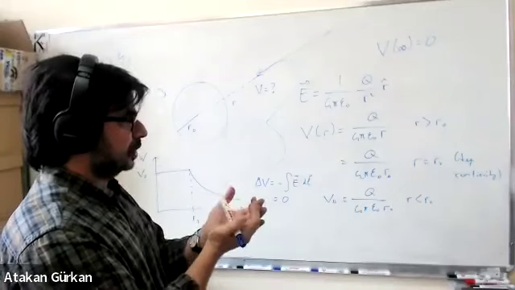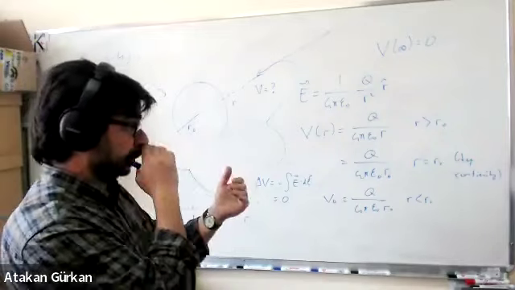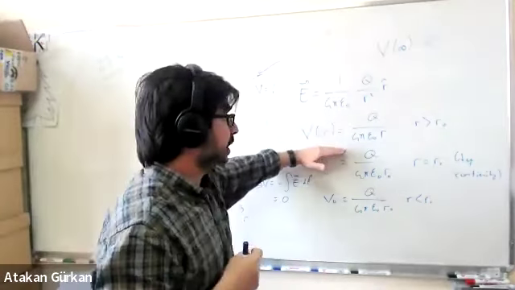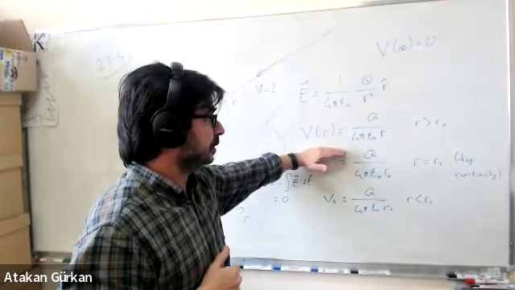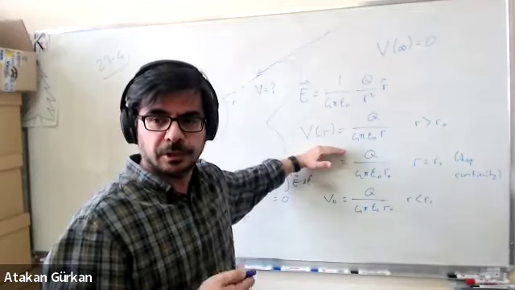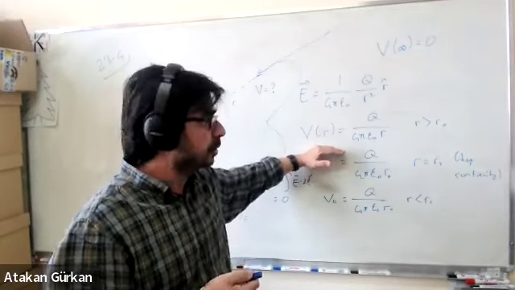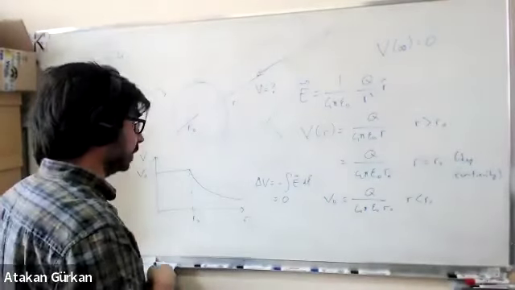A spherical distribution of charge acts like a point charge at its center to the outside. Okay? So this is the potential of a spherical charge distribution, and so it is also the potential of a point charge. You can do this more formally by taking the integral and so on, but there is no need.